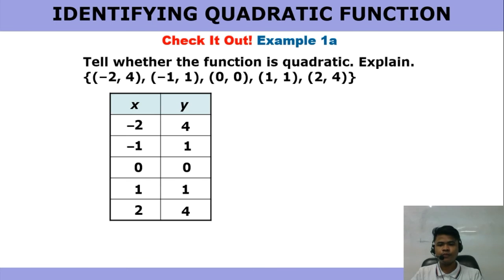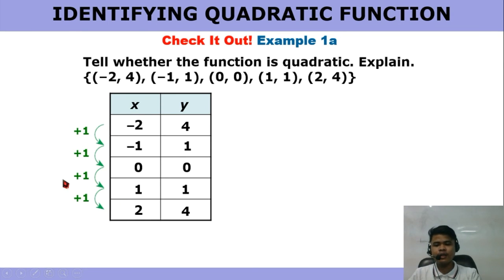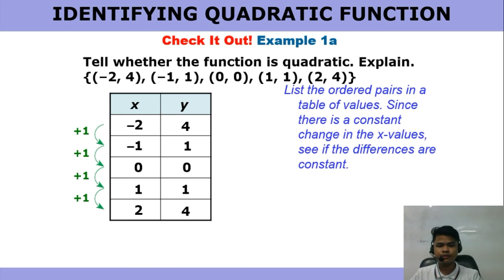It is okay for the values of b and c to be 0. Okay, let's go back to identifying quadratic function given the table of values. Same pa rin yung process kagaya ng kanina. First, make sure that there is a constant difference in x values. Okay, there is a constant difference. 1 yung differences niya. Then after checking if there is a constant difference in x values, try to find the first differences and second differences in y values.